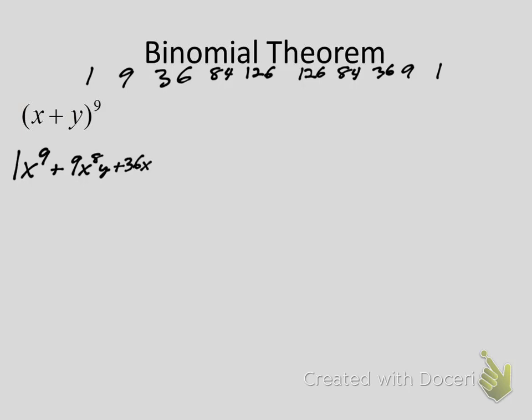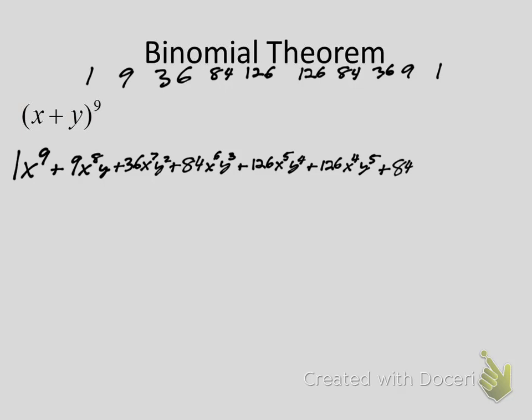Plus 36, x is to the 7th, y is squared. Plus 84 x to the 6th, y to the 3rd. Plus 126 x to the 5th, y to the 4th. Downhill slide now. Plus 126 x to the 4th, y to the 5th. Good.